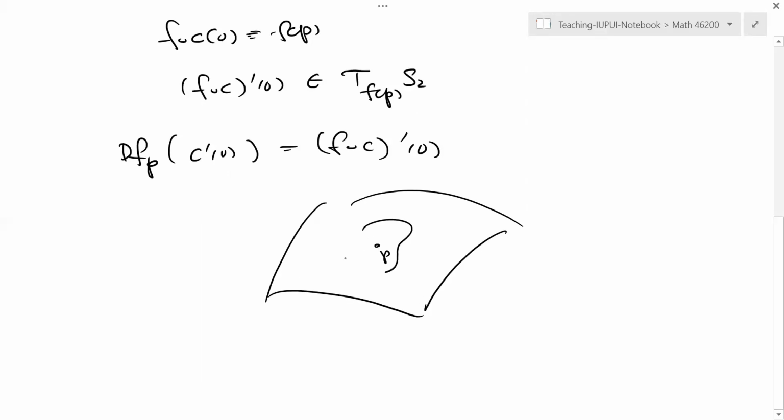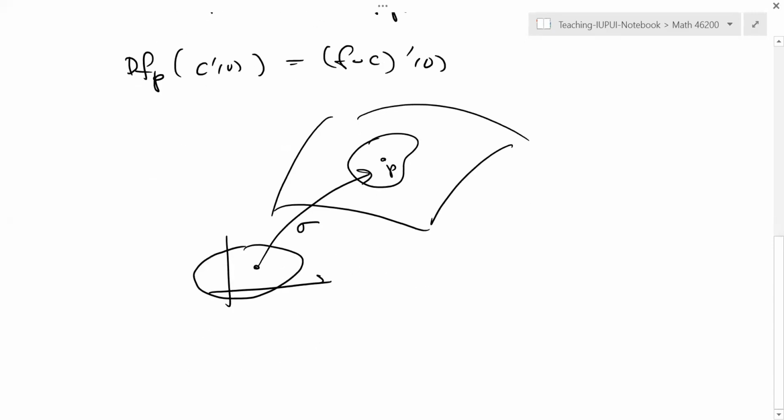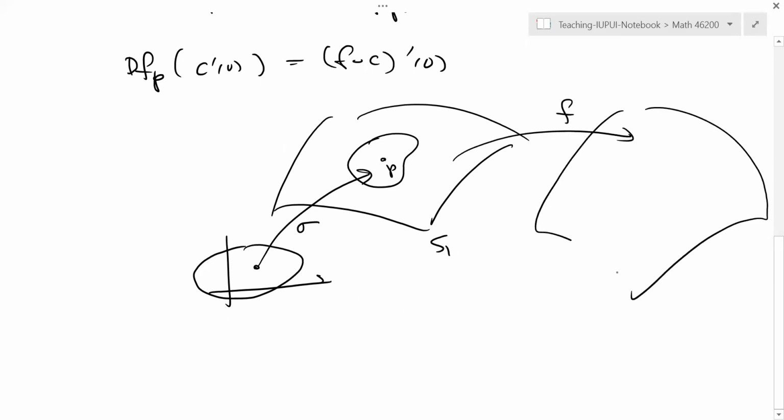So at the point P, you can have a surface patch, that's sigma, a point centered at P on S1. So this is F. Then you get a composition of the maps, this is F circle sigma. It's not necessarily a surface patch unless F is a local diffeomorphism.